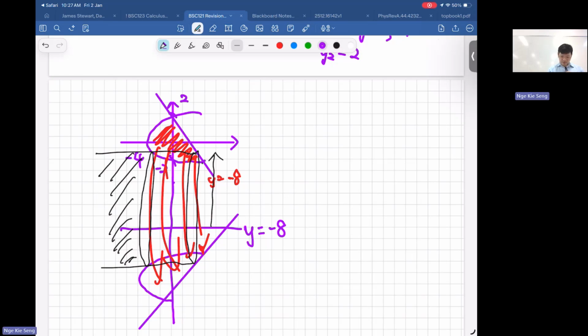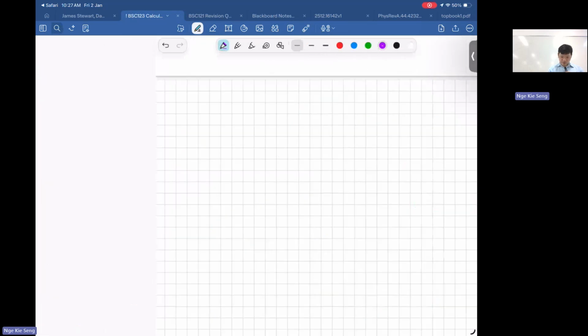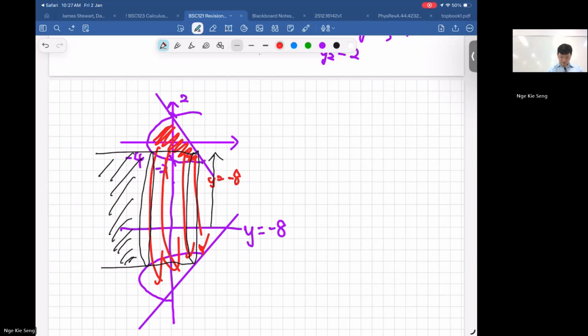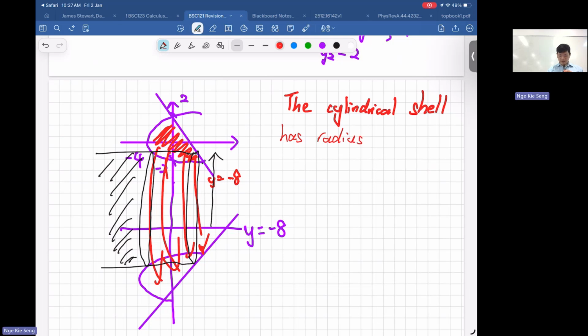So the cylindrical shell has radius x plus 8.